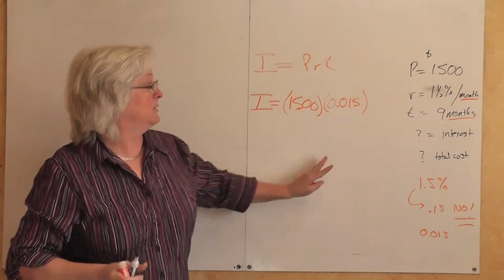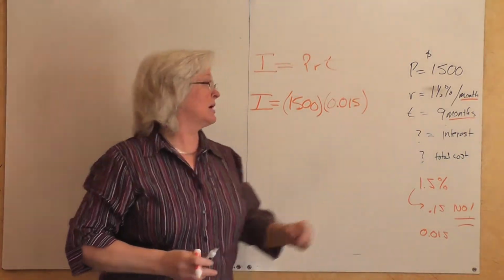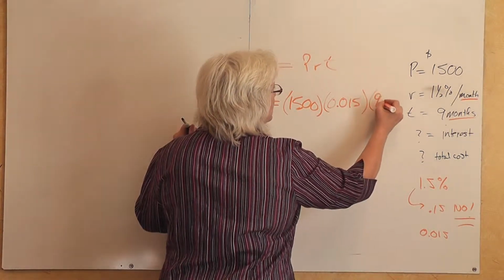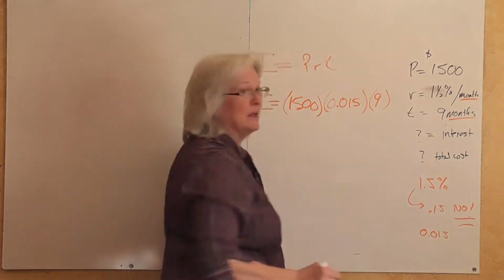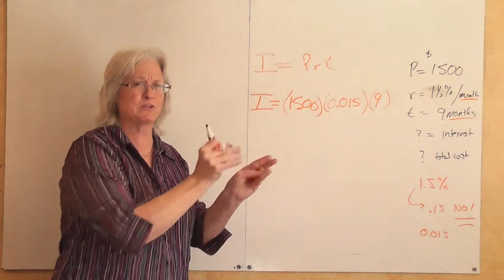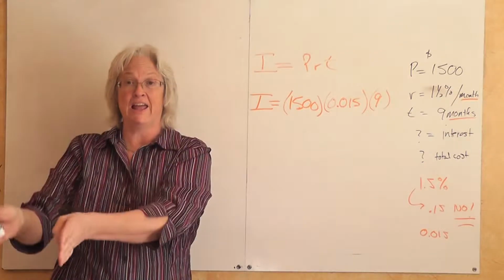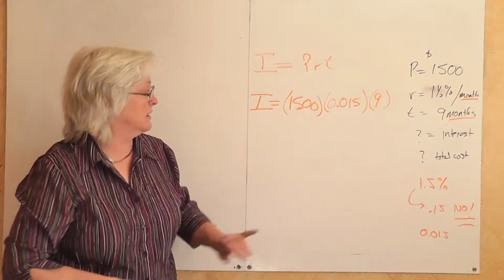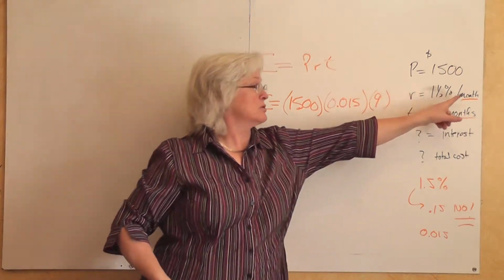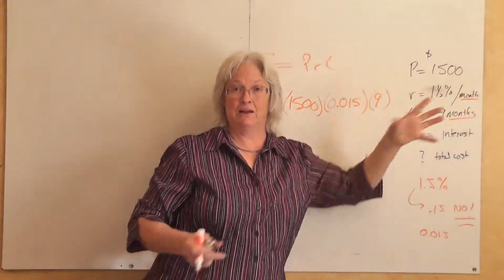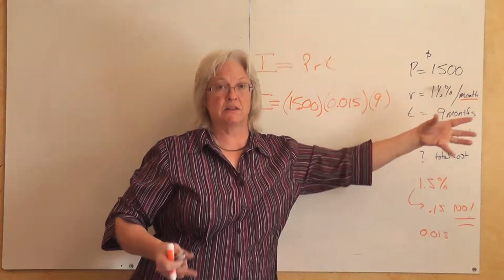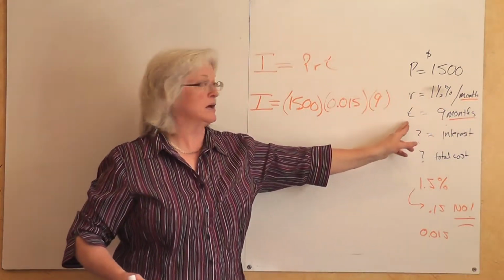per month. And what is our time? Our time is 9 months. The units would cancel out. The months divide by months to be equal to 1 year, but that's really something that's ahead of where you are right now. All you need to worry about is making sure that the percentage rate is expressed in the same time period as the time.